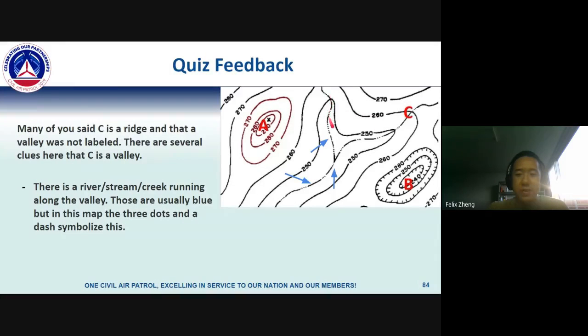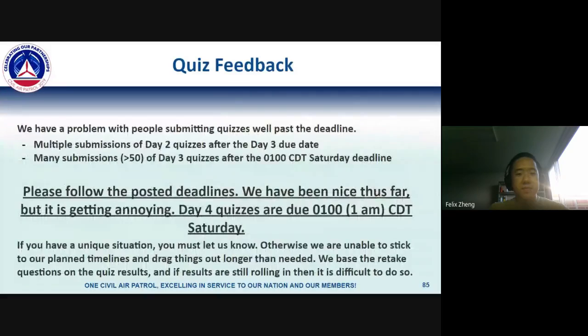Unfortunately this map wasn't in blue, but if it was, you could tell that very easily. For future reference, the 3 dots and a big line in this format is a river, stream, creek, something like that. So that's another hint that you can use to tell that C is a valley.